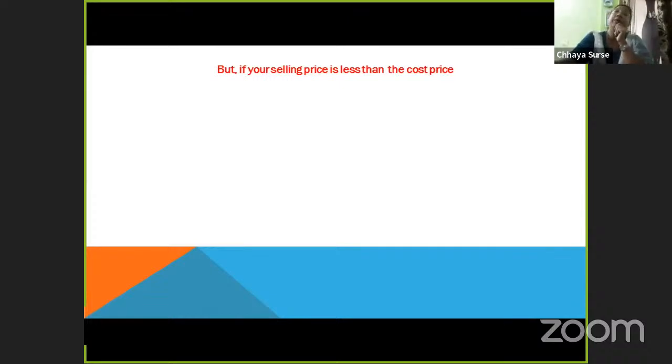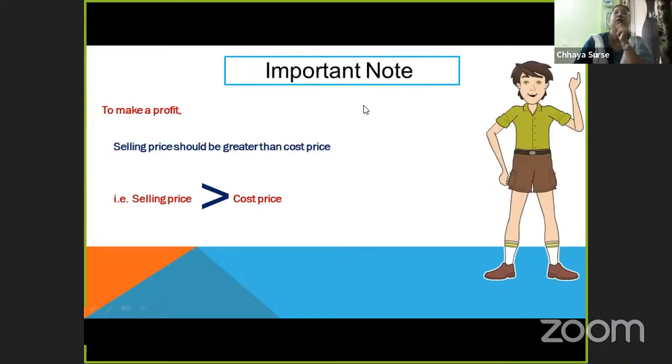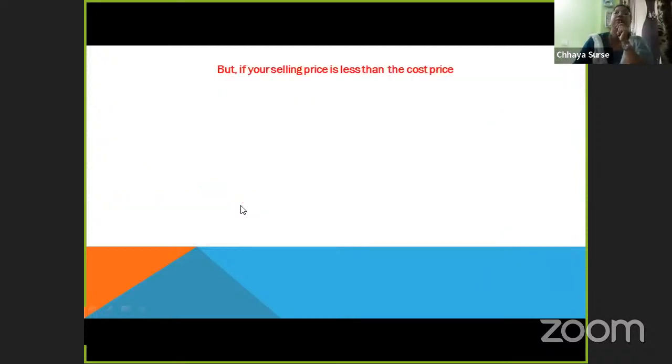But if the selling price is less than the cost price, what will we do? Here the selling price is greater than the cost price, understood? But if the selling price is not greater than, meaning less than the cost price, so what will we do?